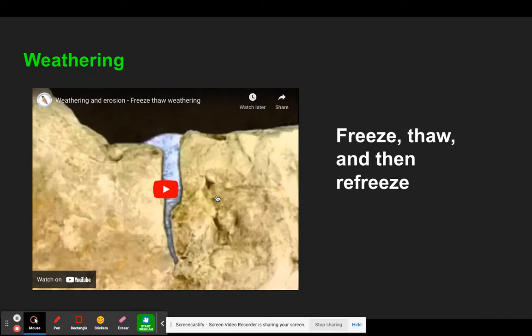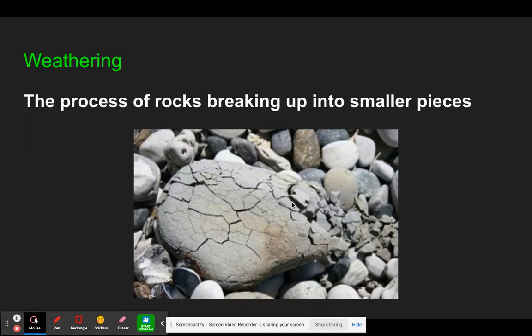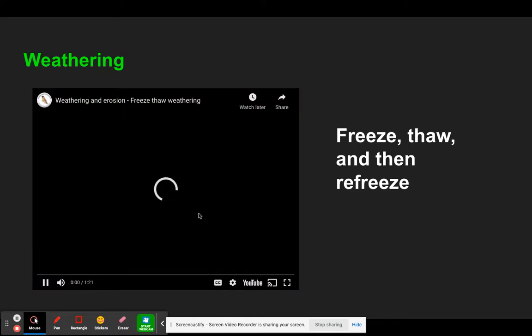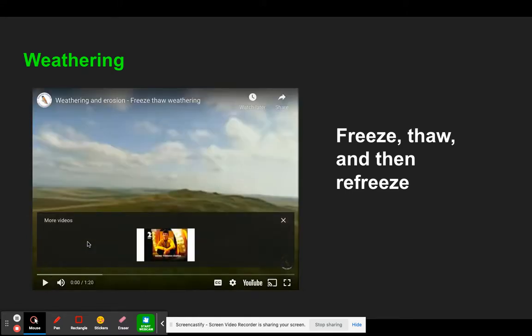And then the next morning, when it warms up, that ice melts. Then, of course, night comes again, and the water refreezes, and it just goes over and over and over, and all the little cracks in a rock get slowly forced apart, kind of like this, because of weathering. It's a very, very slow process, usually. It can take a long time. Oops, don't want to watch that right now, but I encourage you to.